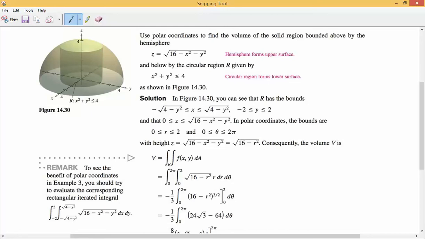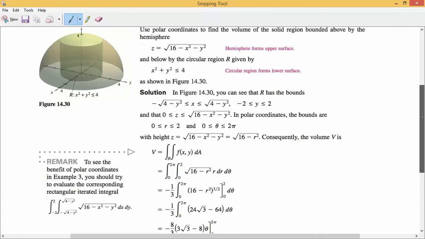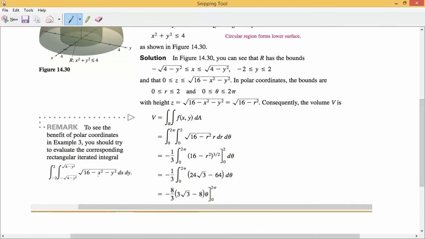Now, me personally, I then go from this right here, where they have the rectangular double integral, from here to here. And the way you do that, if you take this right here and factor a negative out of those two terms, that becomes x squared plus y squared there under the radical. That's the same thing as r squared.